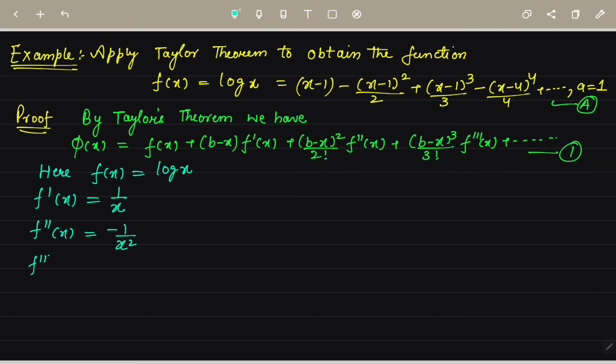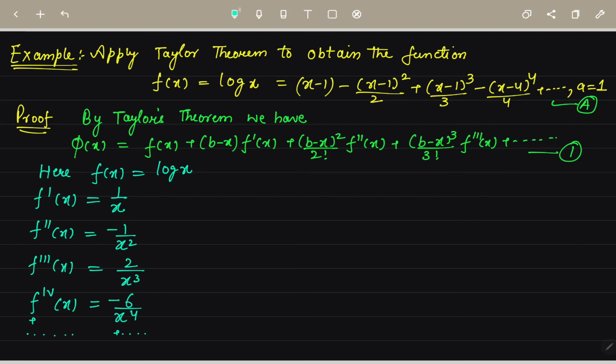Similarly, the third derivative becomes 2 by x cube. I will also find the fourth derivative and this becomes minus 6 divided by x raised to power 4, plus so on. I am only finding 4 terms, but you can also find the fifth term, sixth term.